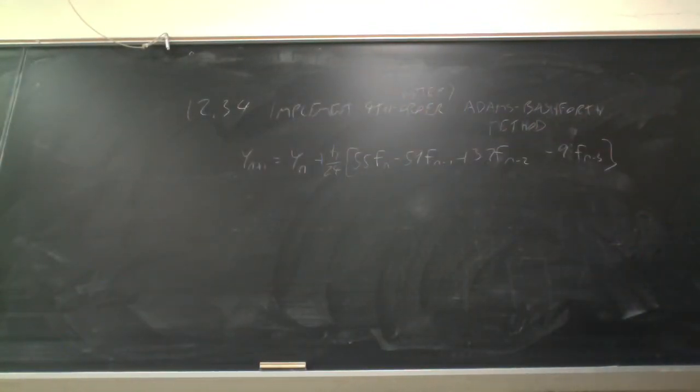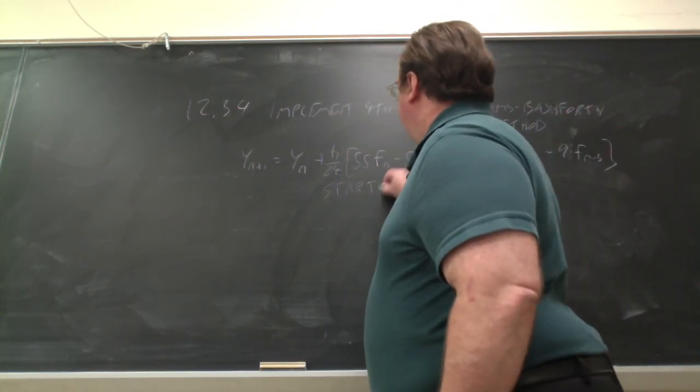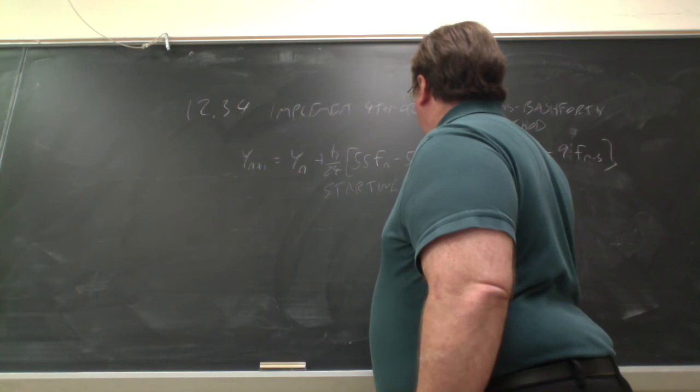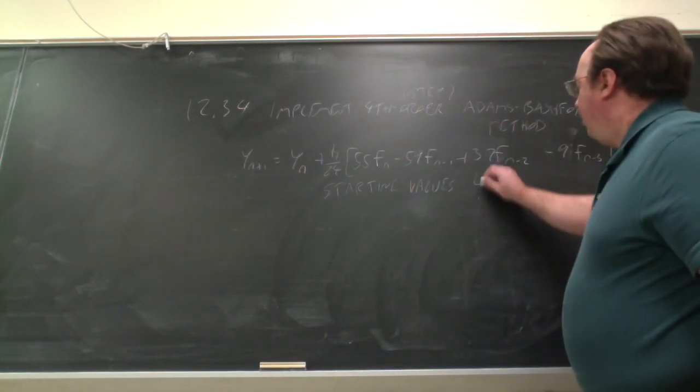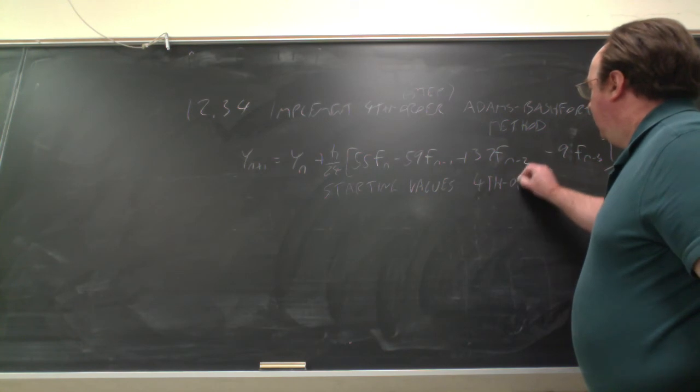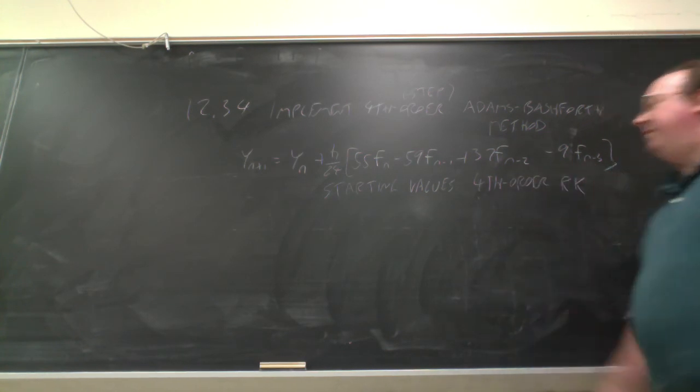Also, you need starting values. That's one drawback of multi-step methods in general. For that, you use the fourth order Runge-Kutta method.